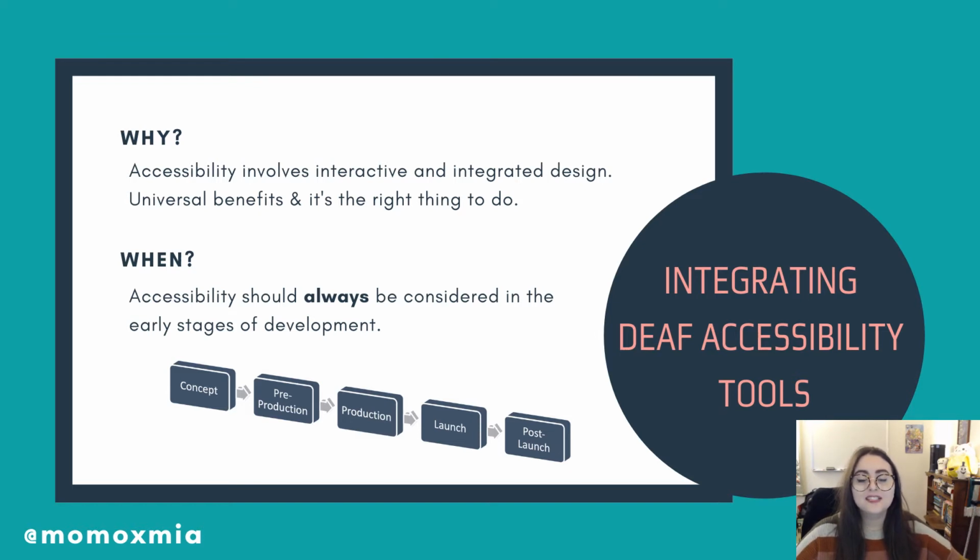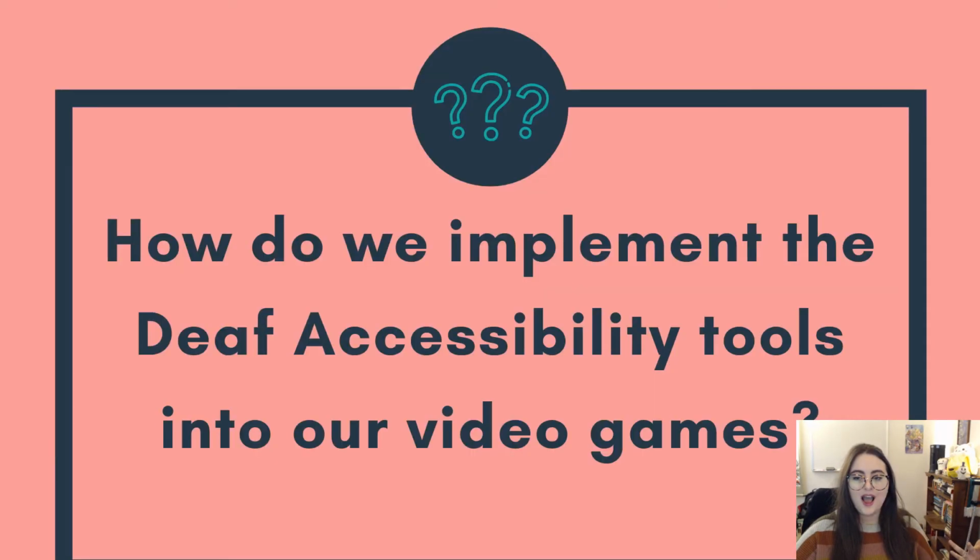So this leaves us to my final question. How do we integrate these deaf accessibility tools in our video games? To help answer this question, I'm going to walk through some examples and scenarios that I think will be helpful for us.